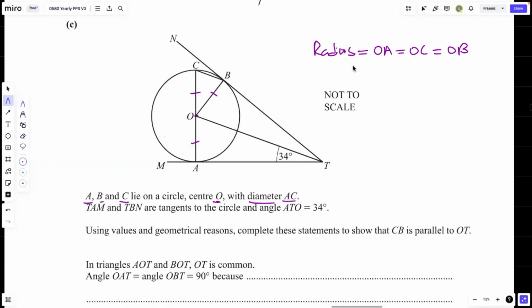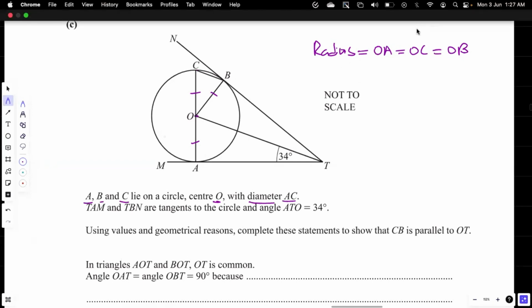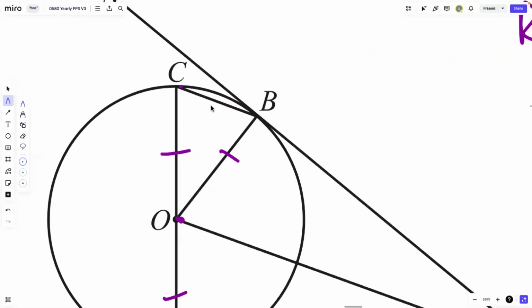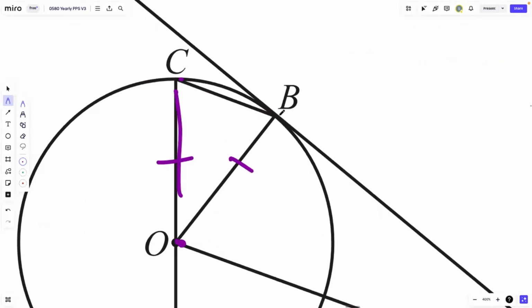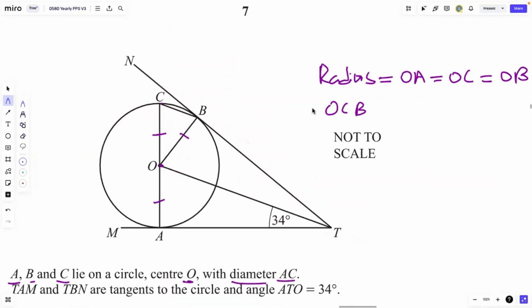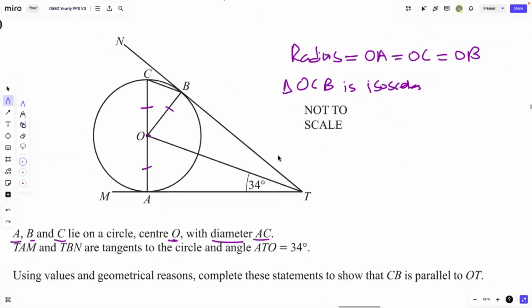That's your radius. Now we can also see that since these two sides are the same, the triangle OCB is actually isosceles. So this angle and this angle would actually be the same as well, because it's an isosceles triangle, having two sides the same and the base angles being the same.